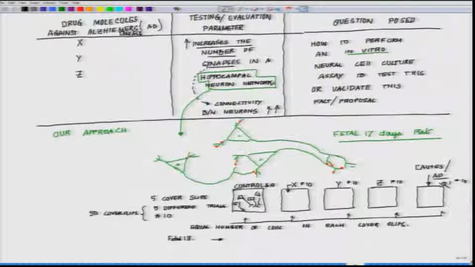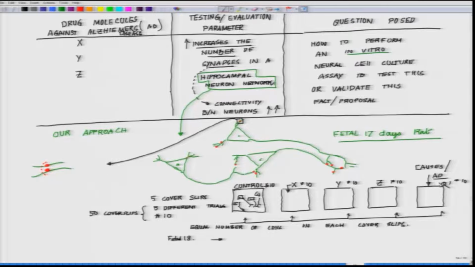You can do that by fluorescently labeling these synapses. Whenever we talk about the synapse, it is a zone where, say, this is one neuron, this is another neuron, and they are forming synapses. So, it will be something like this.